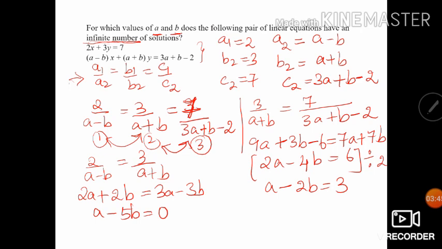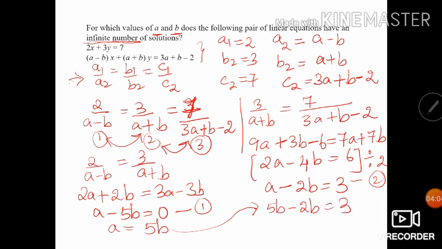You can use any method to solve now these two equations, equation 1 and equation 2. Let's say substitution, because here substitution appears to be very convenient. From equation 1, a is equal to 5b. Substitute the value of a in equation 2. So 5b minus 2b is equal to 3, which is 3b equal to 3 and b is equal to 1.